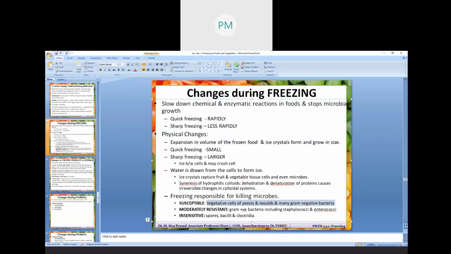But some gram-positive bacteria, like Staphylococcus and enterococci, are moderately resistant. And the spores, bacilli and clostridia, will not get killed by freezing. That's why freezing is not the solution for permanent storage of food, because it only slows down; even these spores will continue to thrive.